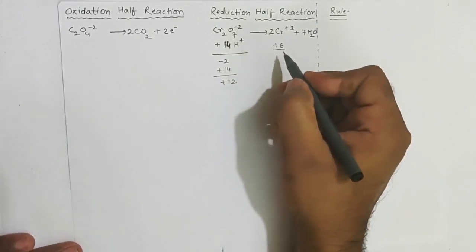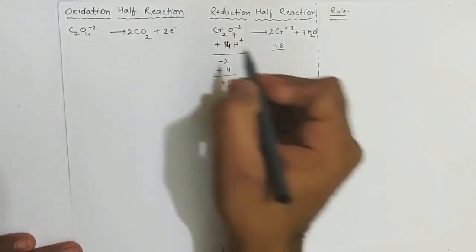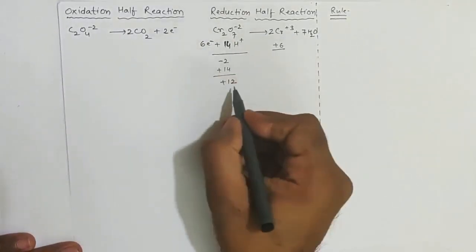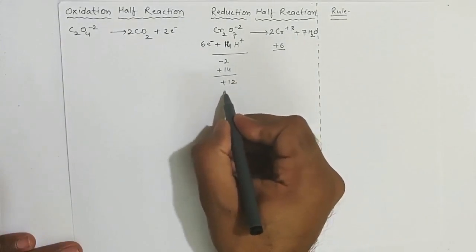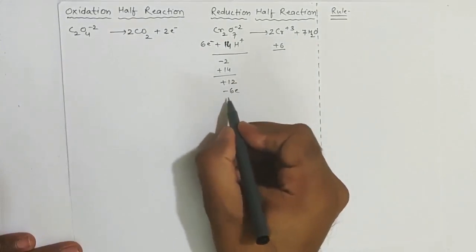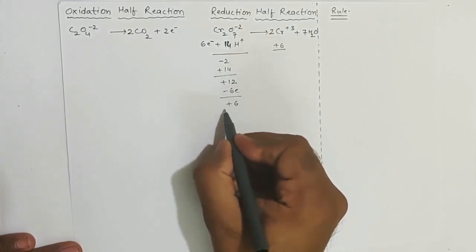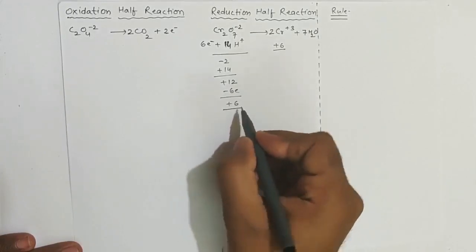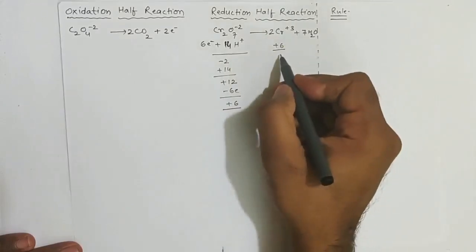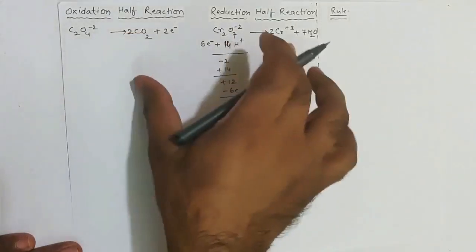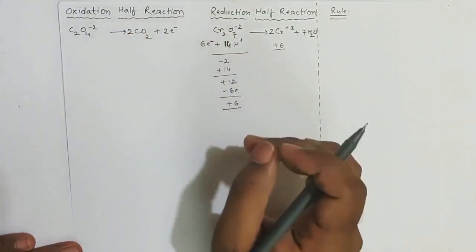So to balance charge, we will add 6 electrons to the reactant side. This will neutralize the +12 charge. So finally the overall charge will be +6. So the positive charge at the reactant side is equal to the positive charge present at the product side. Now these two half reactions are balanced individually.